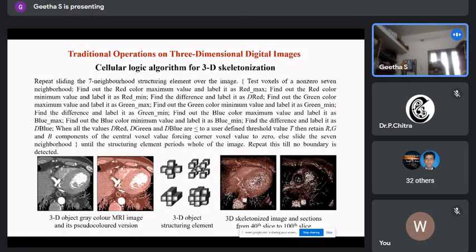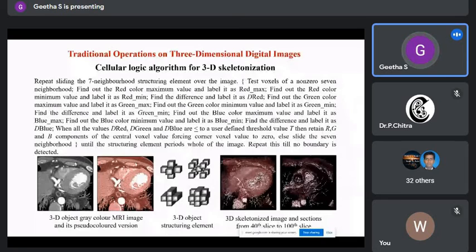Next one, cellular logic algorithm for 3D skeletonization. Repeat sliding the 7 neighborhood structuring element over the image. Test voxels of non-zero 7 neighborhood.